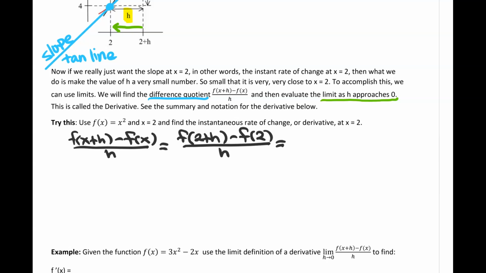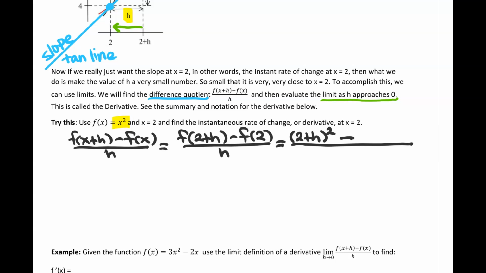So again, we did this previously. To find f of 2 plus h, we have to plug 2 plus h into our function, x squared. So plugging 2 plus h into x squared will give us 2 plus h squared.